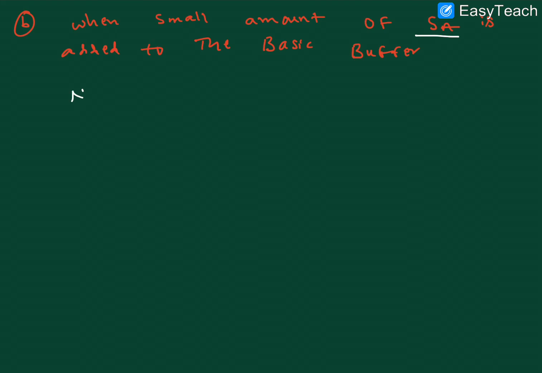Right, next one. Whenever a small amount of strong acid is added to the basic buffer solution, as the name itself says, basic buffer solution, base is present, right? So ammonium hydroxide is there. Whenever we add the acid, the H plus ions, what happens here? The ammonium hydroxide combines with H plus, forming ammonium ions and H2O, right?